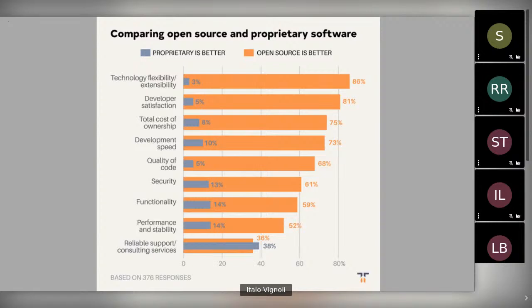Total cost of ownership is 25%, quality of code is 68%, and security is 61%. So when people tell you that open source is less secure, or that quality is not as good, show these slides to them.